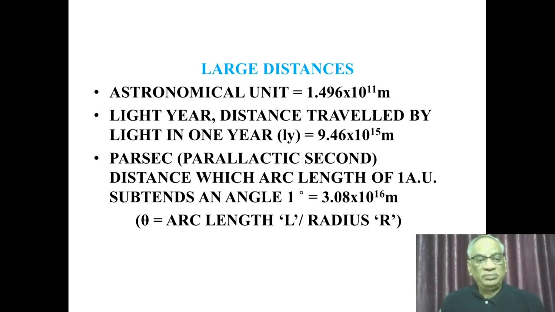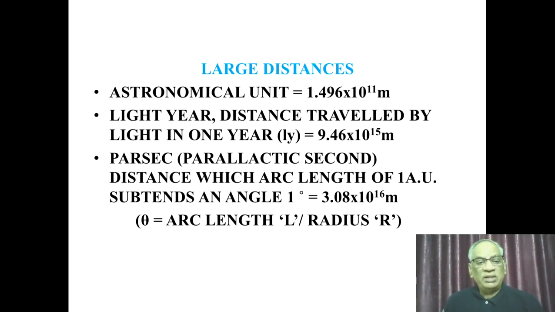That is the distance at which an arc of length 1 AU subtends at its center an angle of 1 arcsecond. This parsec is 3.08 into 10 to the power 16 meters. So theta is equal to arc length by radius. These are some examples for large distances.